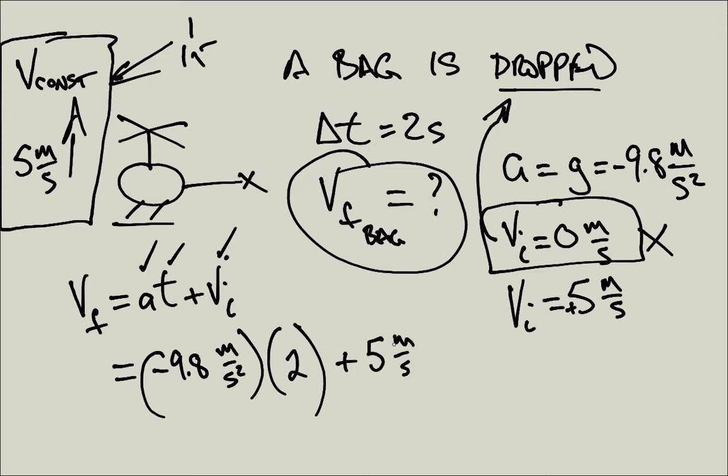And now we need to get our trusty calculator and go 2 times 9.8 equals, that's a negative number, negative 19.6, plus 5 is going to equal negative 14.6 meters per second.